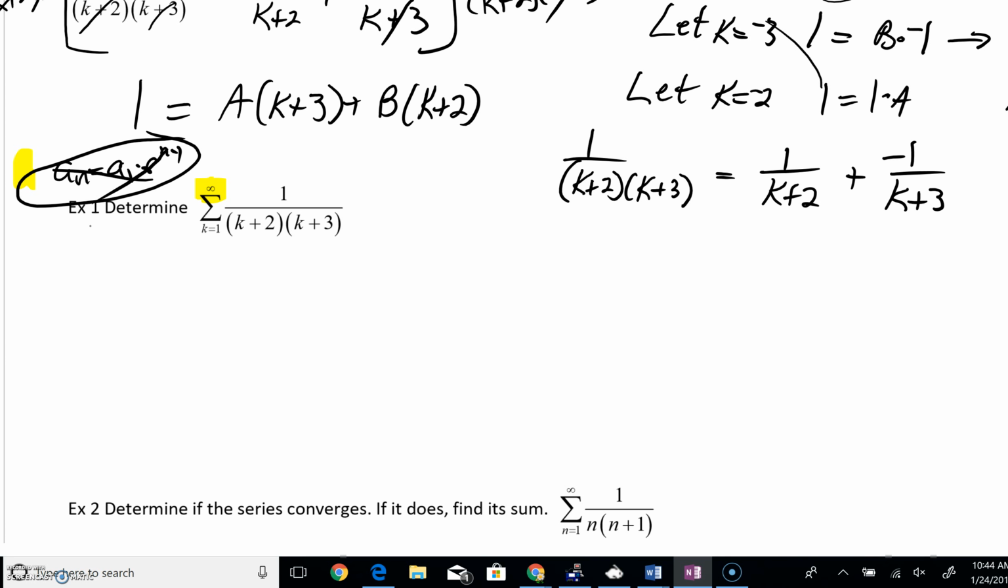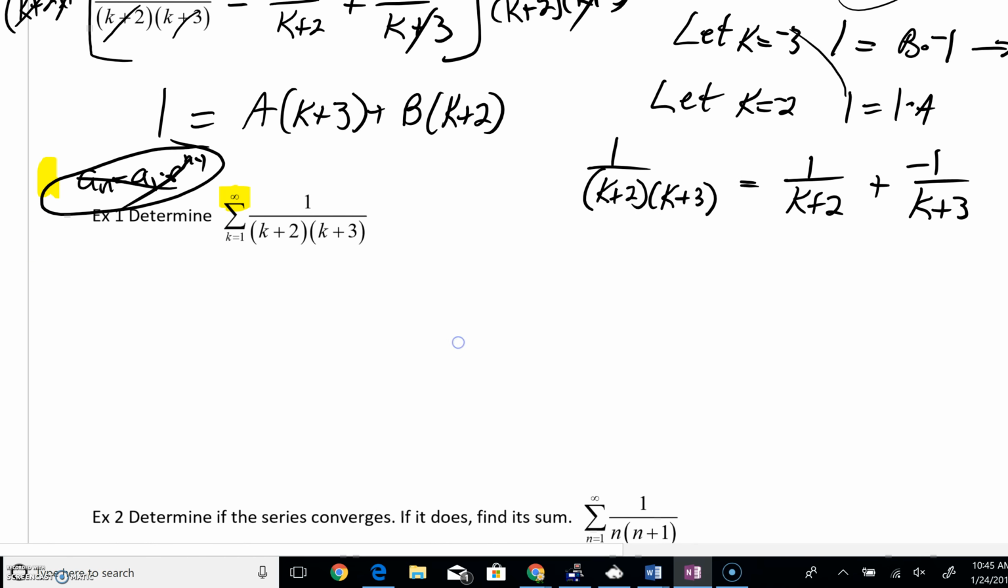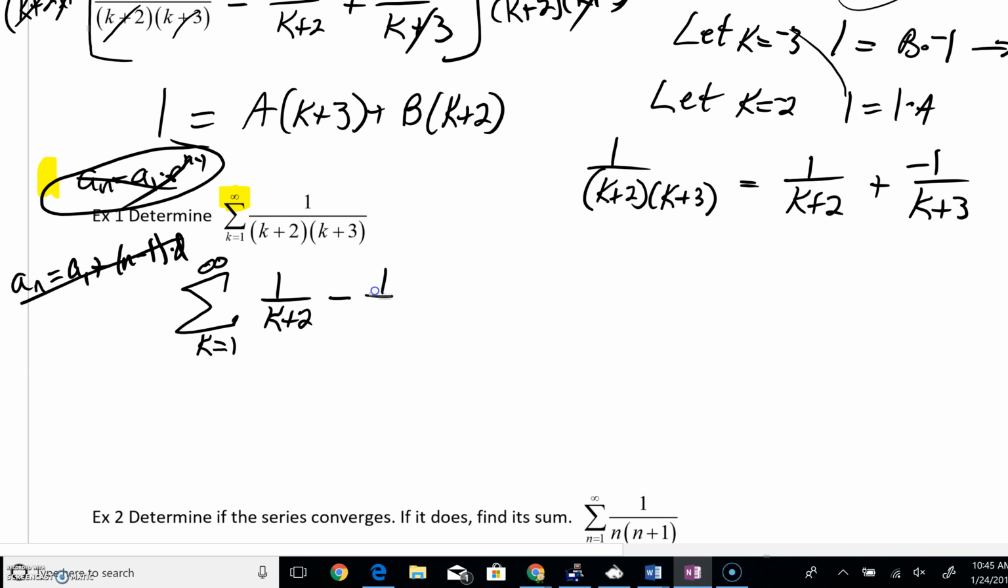If it was arithmetic, your nth term would be a sub 1 plus n minus 1 times d. You don't see a formula inside of sigma that looks like that. So you could say, my gosh, how in the world could we ever figure this out? The answer is do a partial fraction decomposition. And I'm going to write this as 1 over k plus 2 minus 1 over k plus 3.